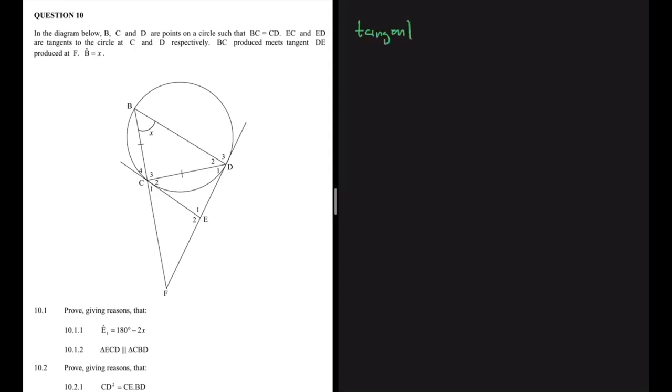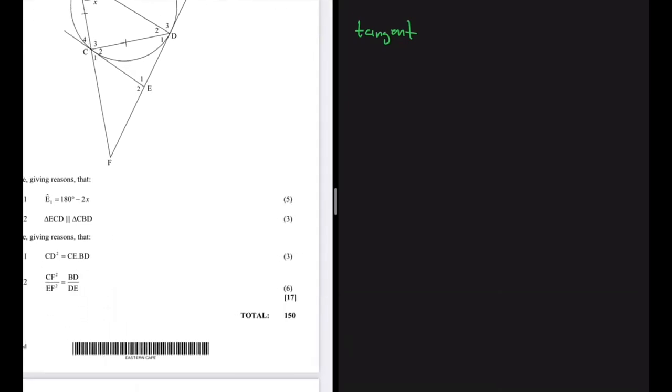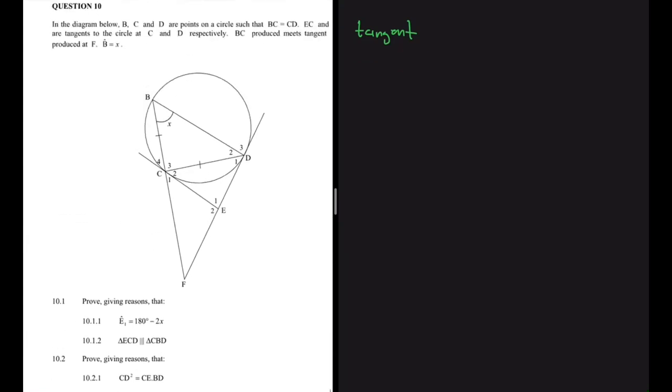Then it goes on to say that BC produced meets tangent DE produced at F, and angle B is equal to X. So it seems like the only keyword we have is tangent, right? And this question is out of 17 marks.